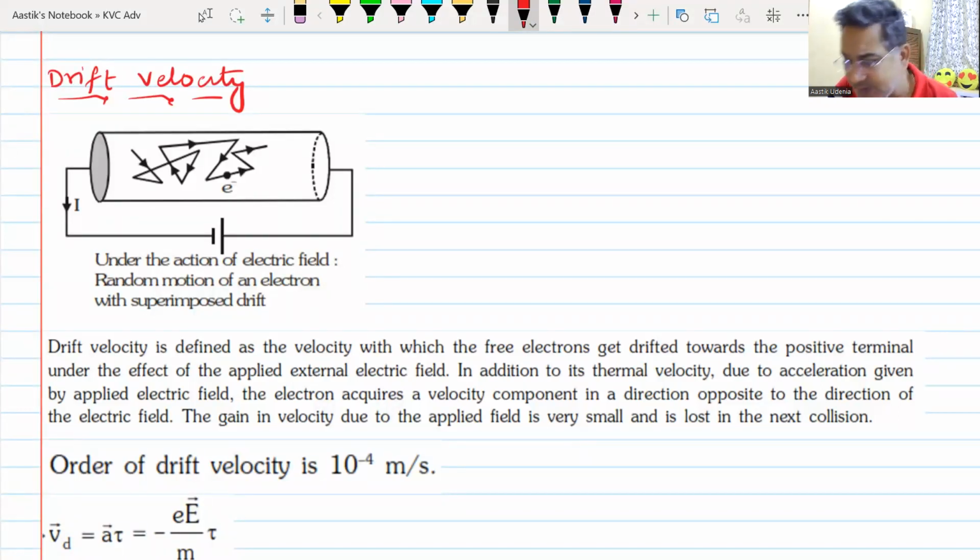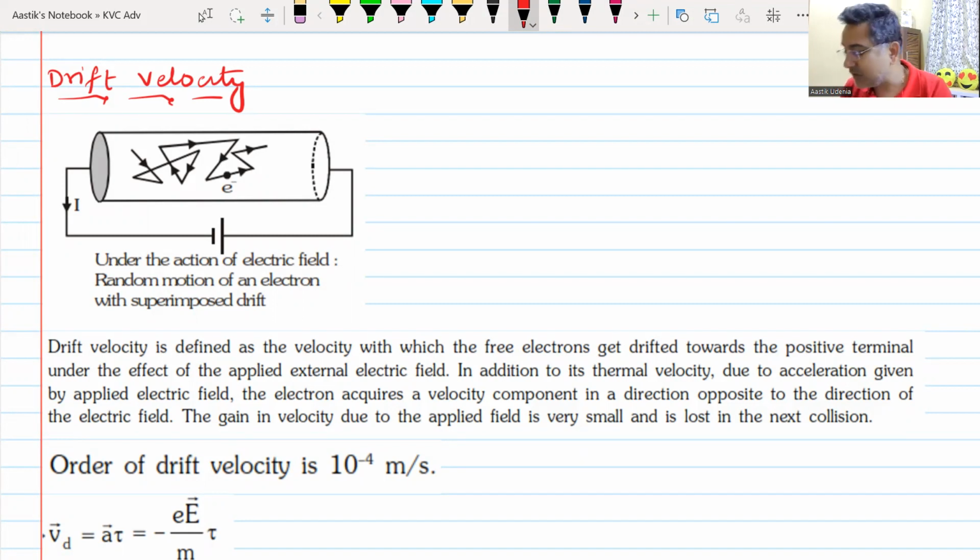So now what we have seen is that whenever an electric field is applied, the electrons will have an acceleration in the opposite direction. Because of this acceleration, they will acquire a speed in a direction opposite to the direction of electric field.